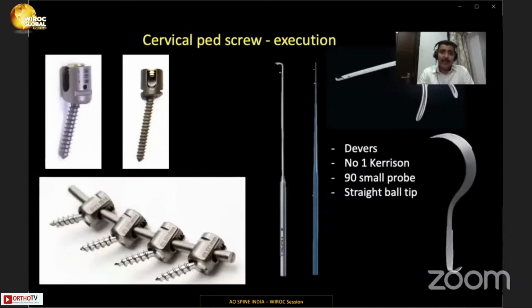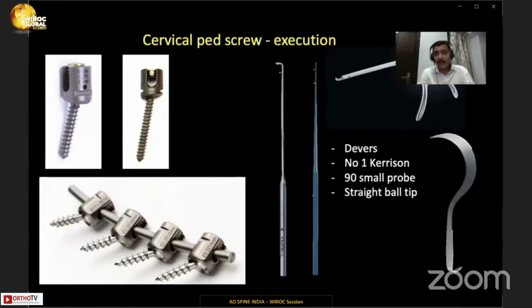Regarding the execution, it's not a bad idea to play with the implants that you're going to use, especially try to make out what is the angulation between the tulip and the shaft of the screw. If it doesn't allow too much angulation, then you might struggle to put in the rod at the end of the surgery, especially if you're planning a junctional surgery, like a C7 to D1, then you might struggle to connect the cervical pedicle to the D1 pedicle screw.